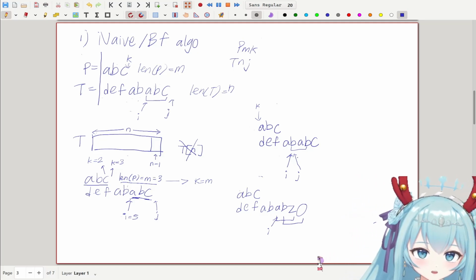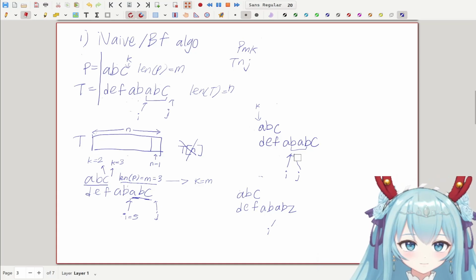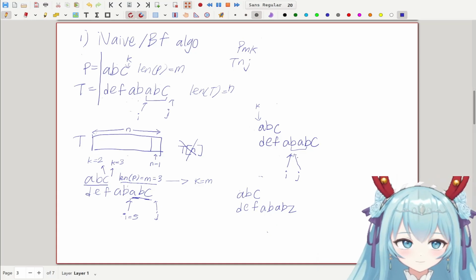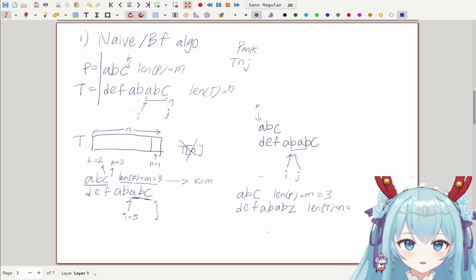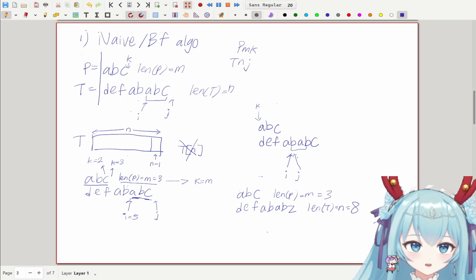mismatch in a sense. So if you notice a pattern, remember how we said the length of T is equal to N, and the length of P is equal to M. Sorry, this equals 3. This is 1, 2, 3, 4, 7, 8. So this is 8.